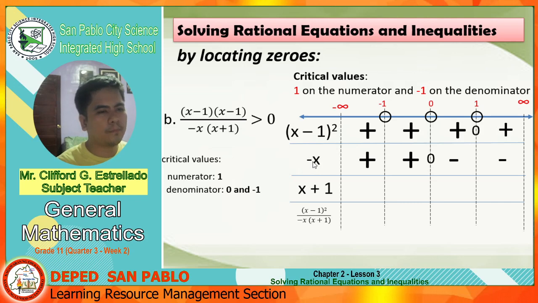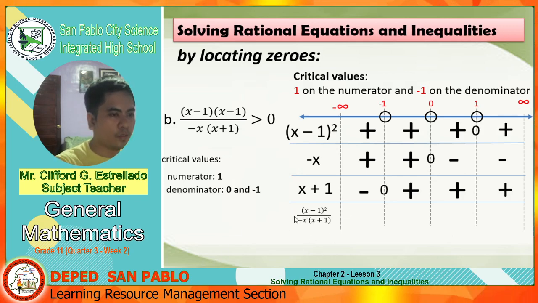Then we have x plus 1, with negative 1 as the critical value. Before it, negative. After it, positive. And on our last row, we have the square of x minus 1 over negative x times the quantity x plus 1. So we have the first row divided by the product of the second and third rows.